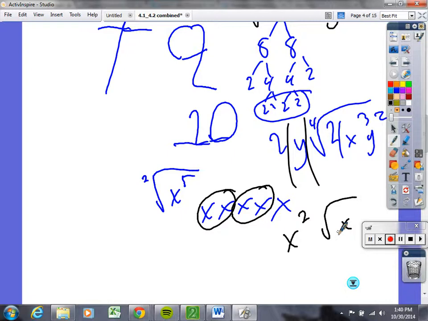Or the way I do it quickly is I say to myself, what's the root? What's their overall power? And I say, how many times can 2 go into 5? Twice, with 1 left over. Because you had enough buddies, because that means there's 2 groups of 2 to get out, right? With the 1 left over. Does that answer your question? Jimmy.